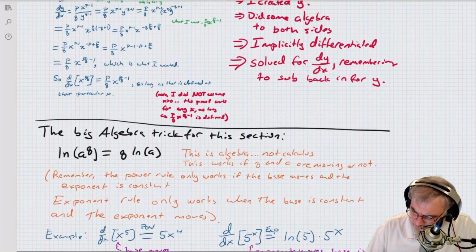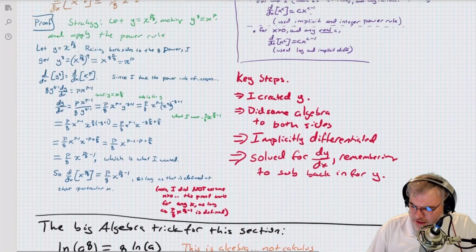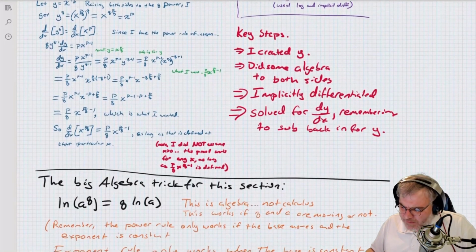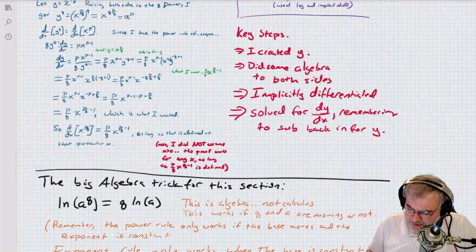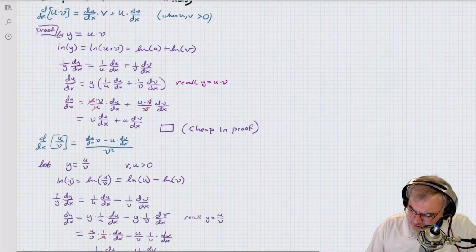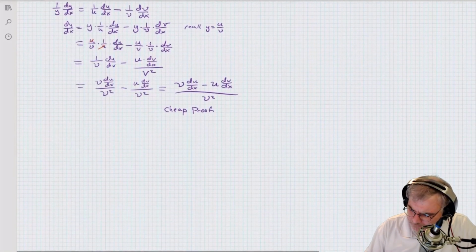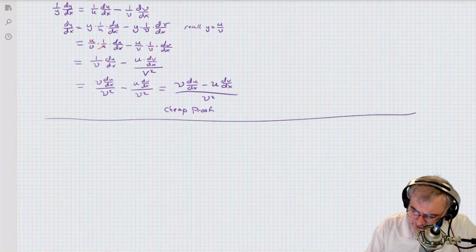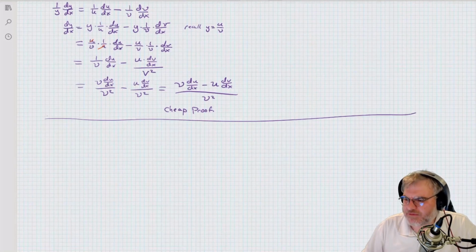And then I just follow the steps that I had before. I create a y, I do some algebra to both sides, I implicitly differentiate, and I solve for dy over dx. Next time, we're going to start looking at related rates problems. So the key takeaways are it's implicit differentiation with this one piece of trick.